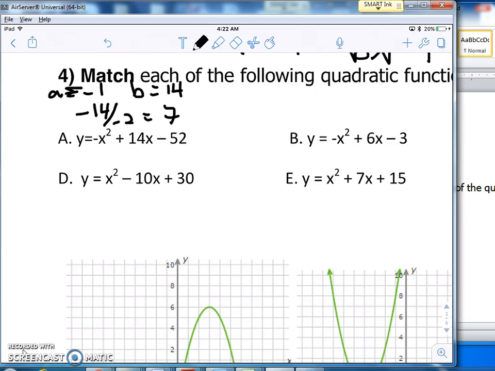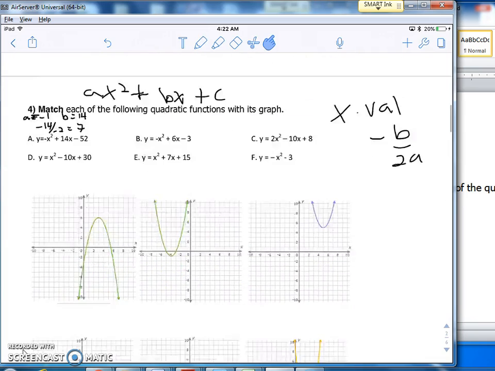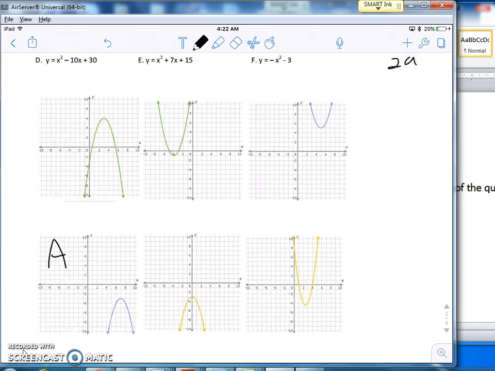So we're looking for something that has an x value of the vertex at 7. And as I scroll around, there's only one of them. So that's the first one.